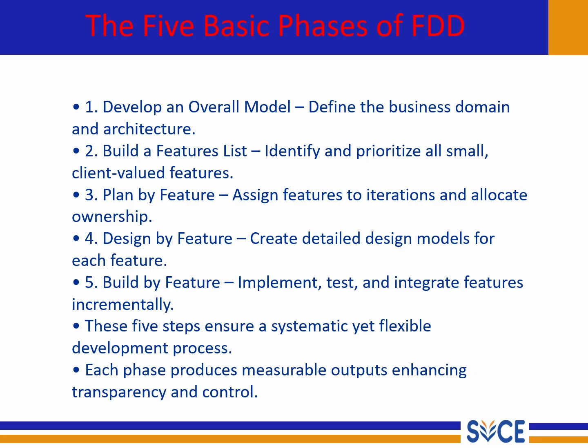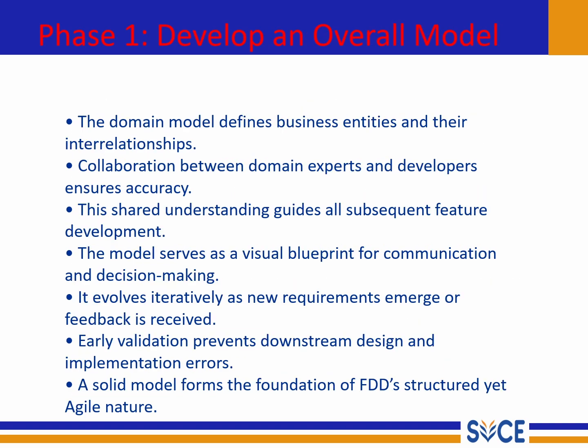Each phase produces measurable outputs which help with transparency, control and steady progress throughout the project. So FDD's magic lies in the rhythm: model it, list it, plan it, design it, build it, finally feature by feature. In the next slide we will see phase 1, that is develop an overall model.